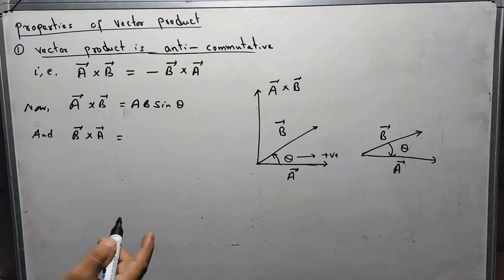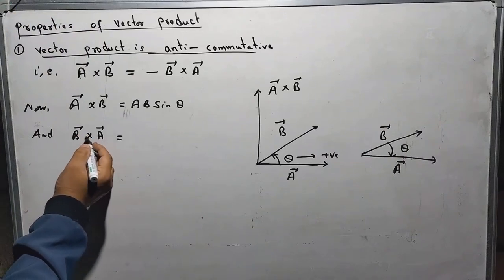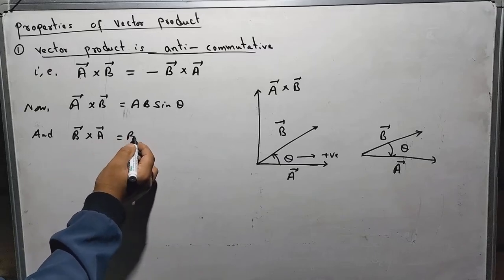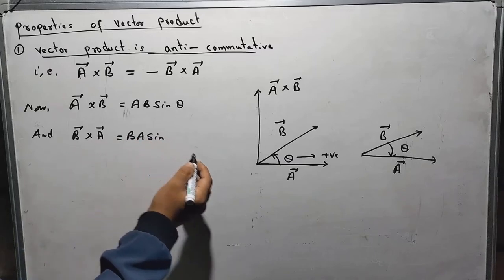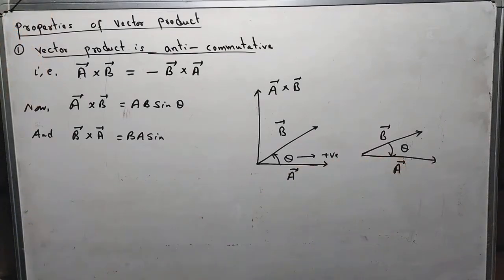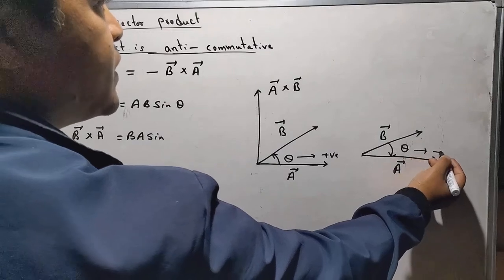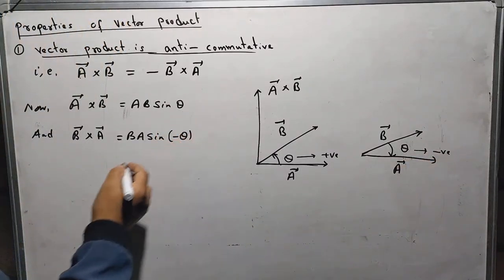So again, following the definition of cross product, this B cross A will be the magnitude of the first vector, the magnitude of the second, times sine theta. Since you are rotating the vector in clockwise direction, theta here is negative. So instead of sine theta, I'll write sine minus theta.